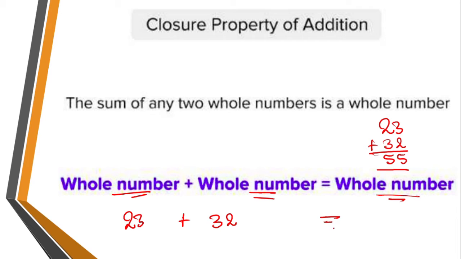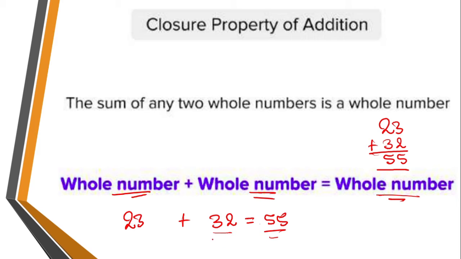So, we will get our answer as 55. Right. Now here 23 is a whole number and 32 is a whole number. So two whole numbers are getting added. Now the answer is a whole number.